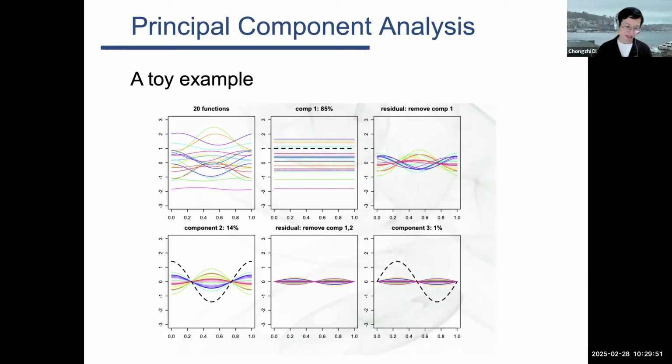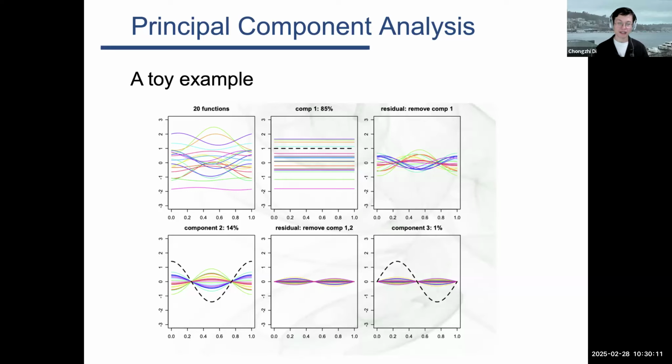And then the second piece you get is how much variation is explained in that direction, right? In this case, it's 85% for component one, 14% for component two, 1% for component three. So they tell us how important each of the directions is.